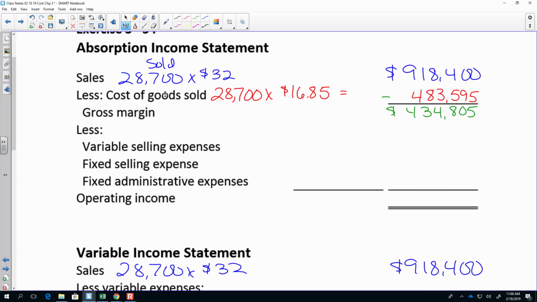Let's finish the absorption since I don't want to go back and forth. 2.5 was the variable, right? Selling? Oh, $2. You tell me if I'm wrong here, guys. See, I have a great excuse. I don't have my glasses.